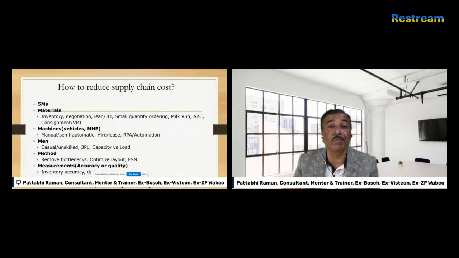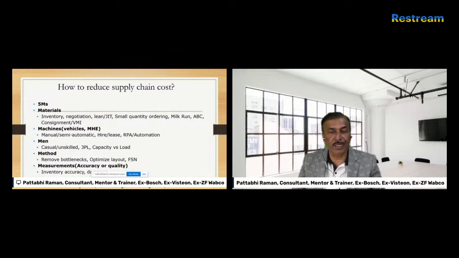So there also some analysis has to be done, and this may change. It may not be the same fast moving item this year, next year, last year. No. So once in 6 months, you have to analyze and do this FSN analysis, and where possible, you need to also redesign the layout.